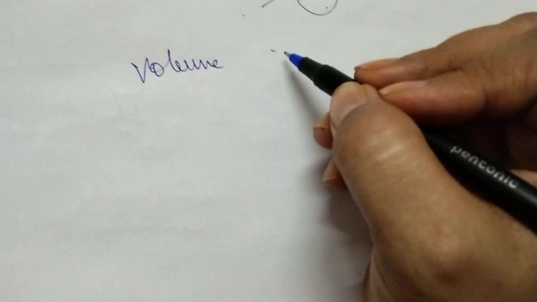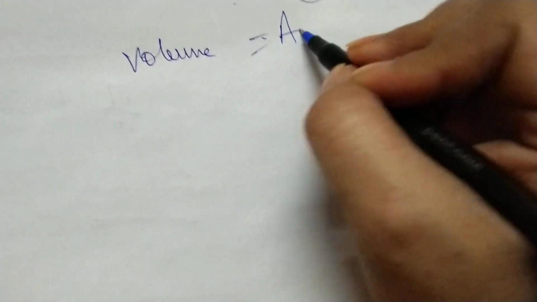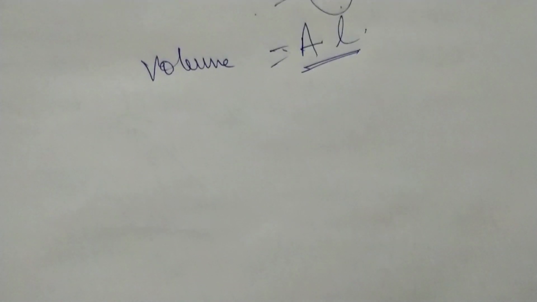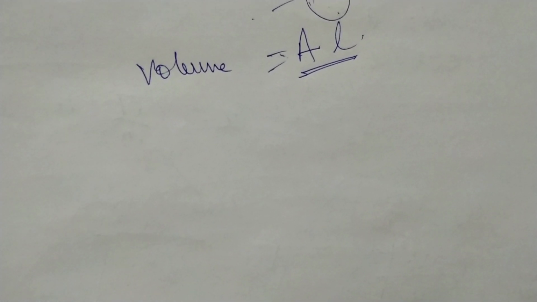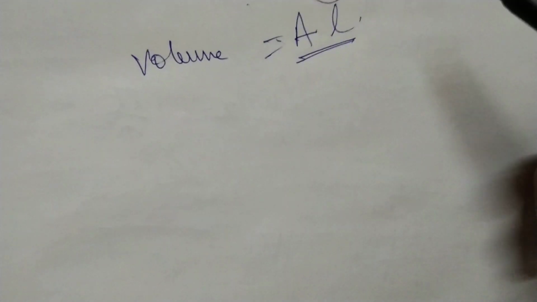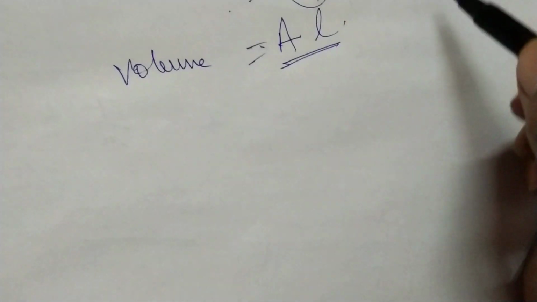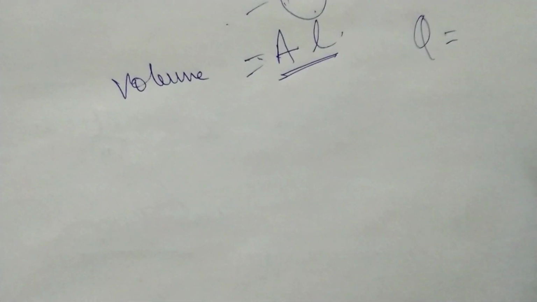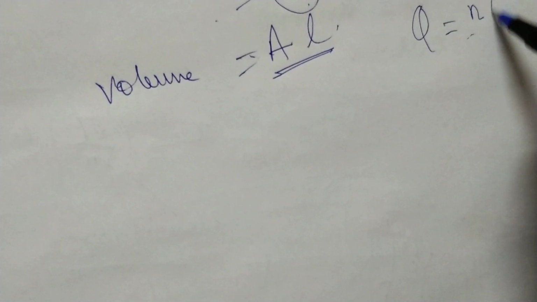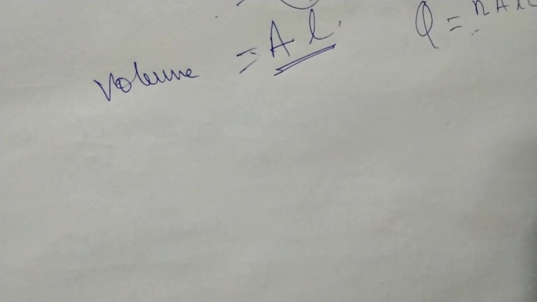When we talk of the volume of the conductor, the volume of the conductor is equal to area of cross section into L, that is, the length of the conductor. So here q equals n, the number of electrons per unit volume, multiplied with the volume, which becomes AL, into e.